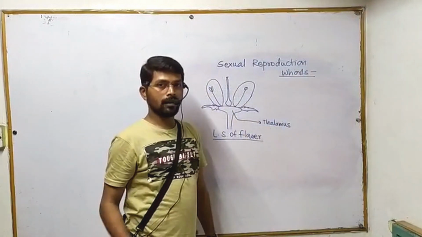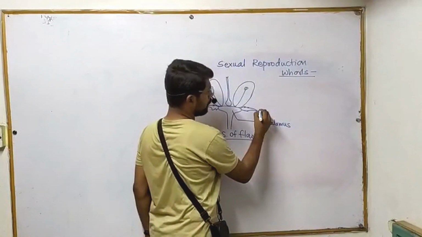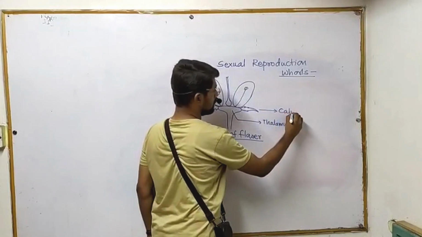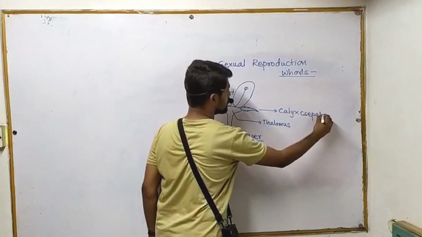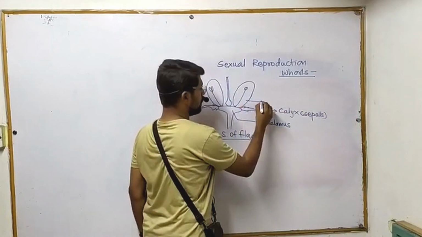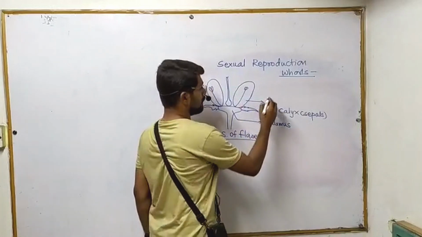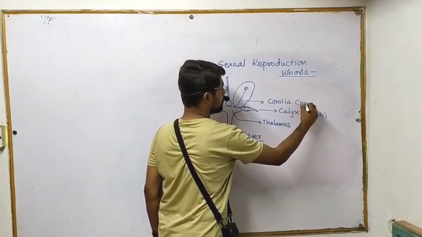In a typical flower, there are 4 different types of whorls. The outermost one, which is protective and photosynthetic in function, is called the calyx, and the calyx is made up of sepals. The second one is beautifully colored, sweet scented and attractive, and that is called the corolla, and the corolla is made up of petals.